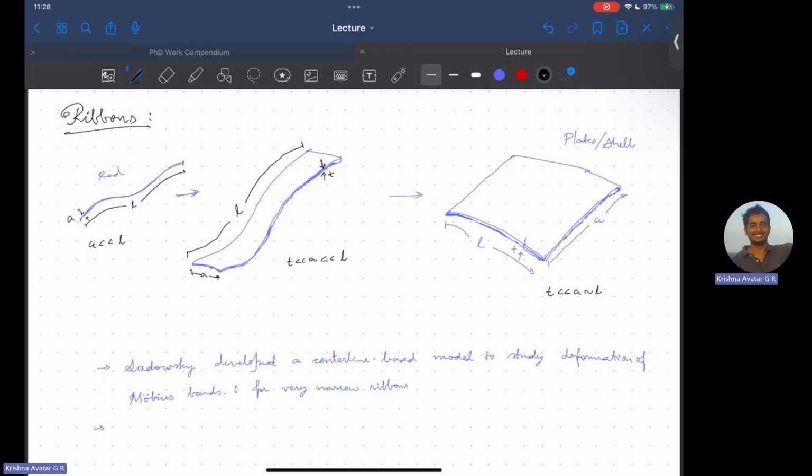This is what makes the study of ribbons very peculiar, in that you have to bridge the ideas between rods and plates, right?